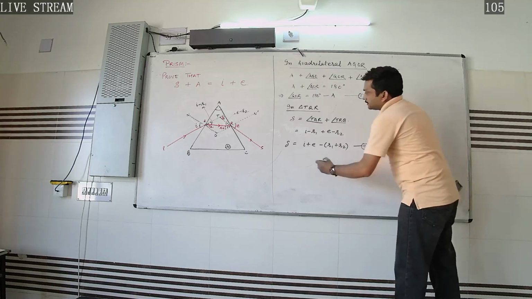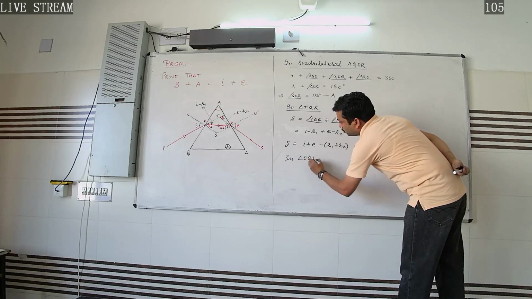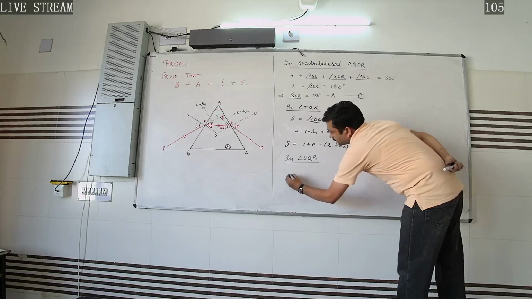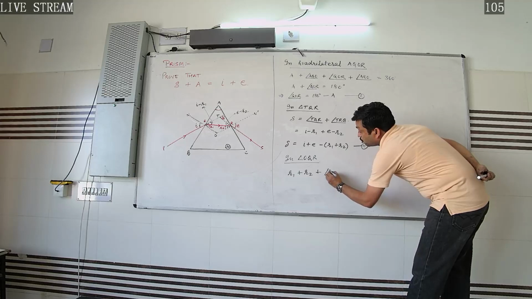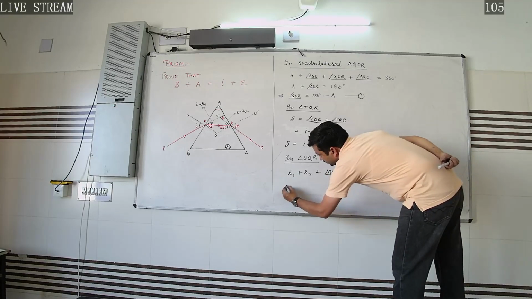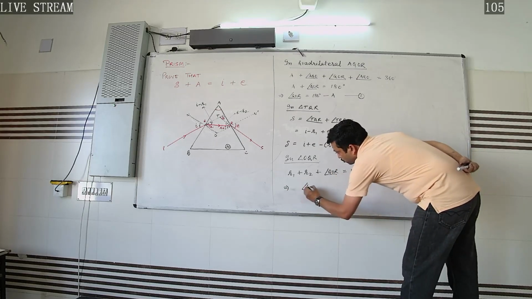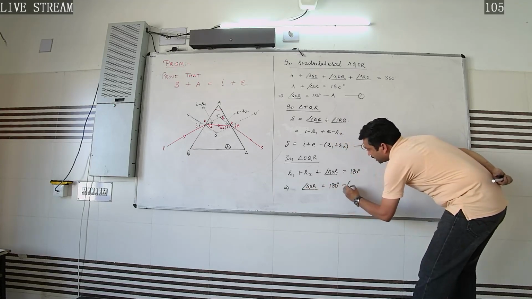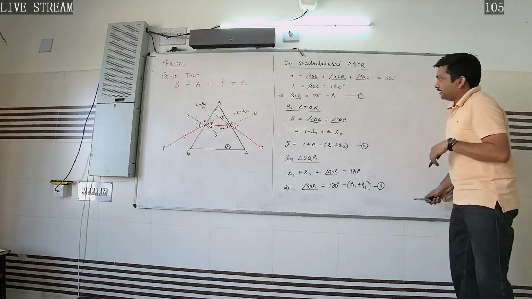So let's write, in triangle OQR, we have R1 plus R2 plus angle QOR equal to 180 degrees, which implies angle QOR is equal to 180 degrees minus R1 plus R2. In this way, let it be equation number 3.